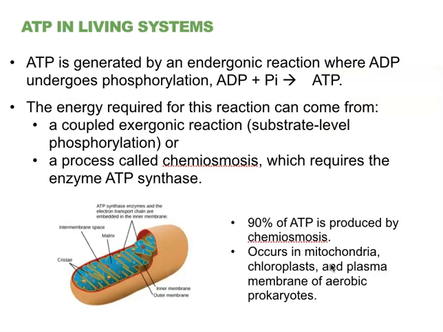Now, inside living systems, we do this inside the subcellular organelle, the mitochondria, which means ultimately we have to get from the cytosol of the cell, where glycolysis is going to occur, collect the intermediates, and then those intermediates will be sent to our mitochondria.